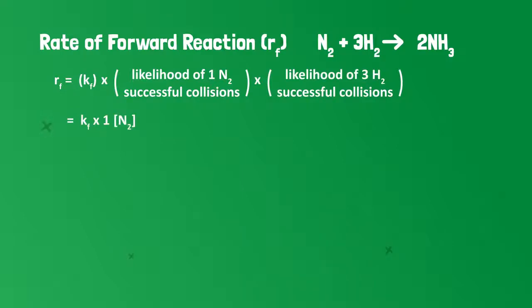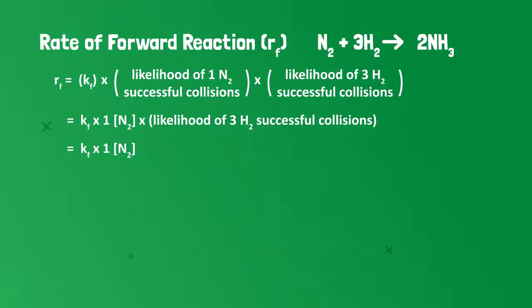Since there's only 1 mole of nitrogen, the likelihood of its successful collision is the same as its concentration, which is the number of nitrogen molecules in a given volume. However, as there are 3 moles of hydrogen, the likelihood of successful collisions for the first, second, and the third mole of hydrogen will be calculated by multiplying the concentration of hydrogen 3 times.